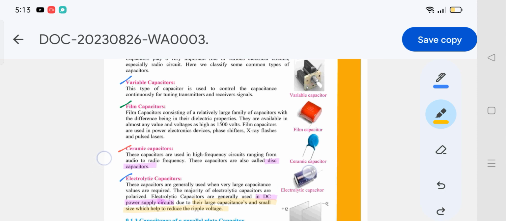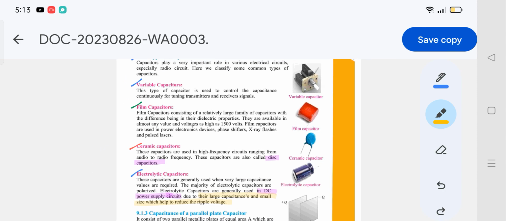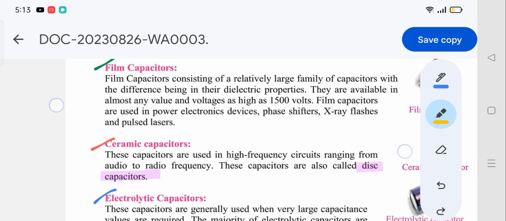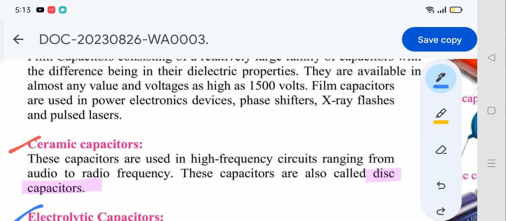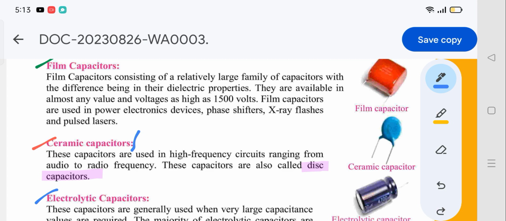So we covered our four basic types of capacitors: variable capacitors, film capacitors, ceramic capacitors or disc capacitors, and electrolytic capacitors. Let us write here: ceramic capacitors or disc capacitors, second name.